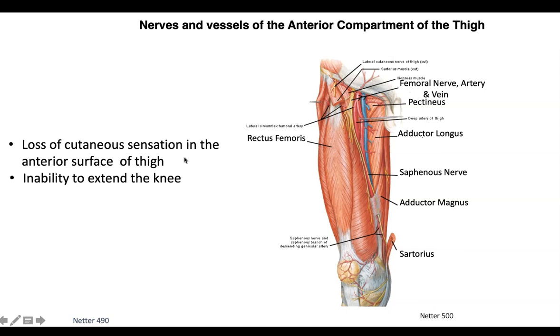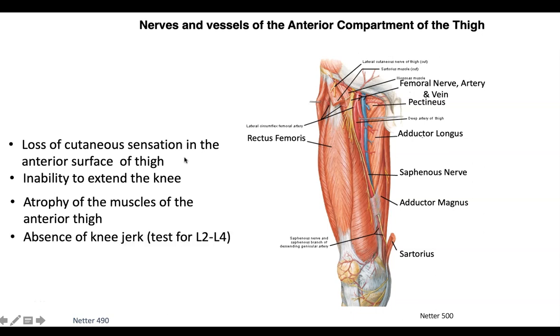There will also be inability to extend the knee, because these are the extensors, and atrophy of the muscles of the anterior thigh. And there will also be absence of the knee jerk, because the knee jerk tests the function of the femoral nerve. So the femoral nerve is the nerve of the anterior compartment.